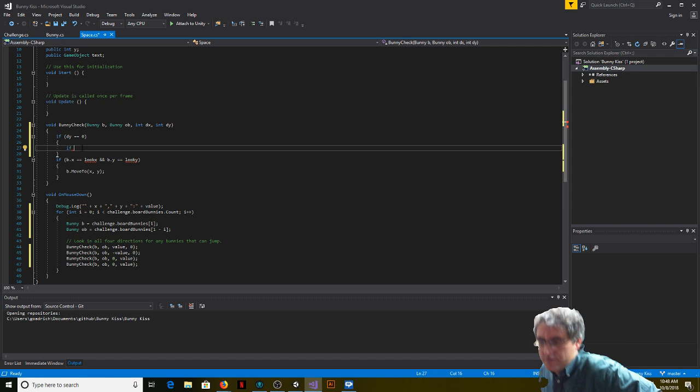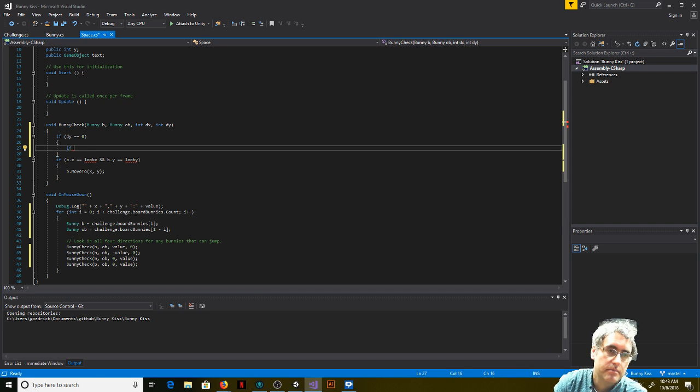Oh, what if I just did a for loop and checked for the bunny? It shouldn't be that time consuming. There's not big boards. Just need to know, is there a bunny in the way, right?